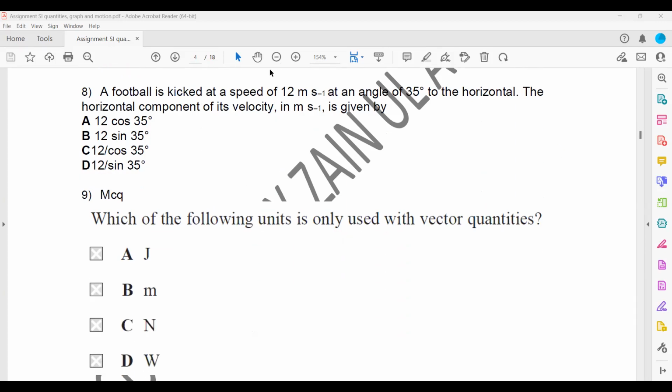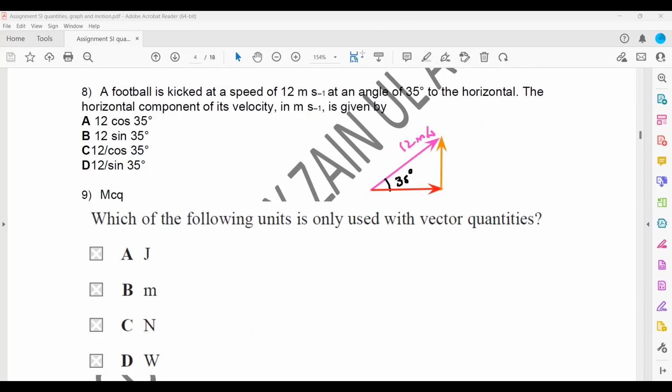In question 8, a football is kicked at a speed of 12 meter per second. So a football is there. It's kicked with a speed of 12 meter per second at an angle of 35 to the horizontal. So it's making 35 degrees to the horizontal. What is the horizontal component? How do we work out the horizontal and vertical components? So this will be the horizontal component and this is the vertical component.